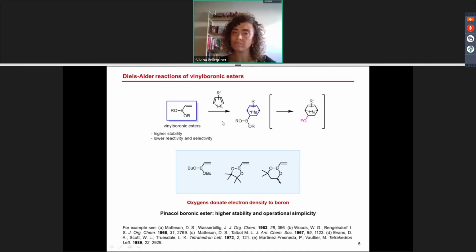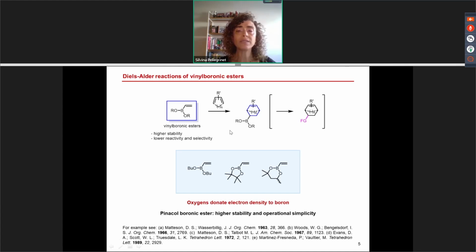Boronates are more stable than boranes because the oxygens donate electron density into the vacant p orbital of the boron atom, but this brings lower reactivity and selectivity.